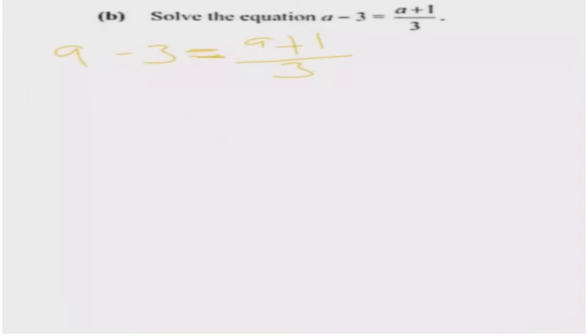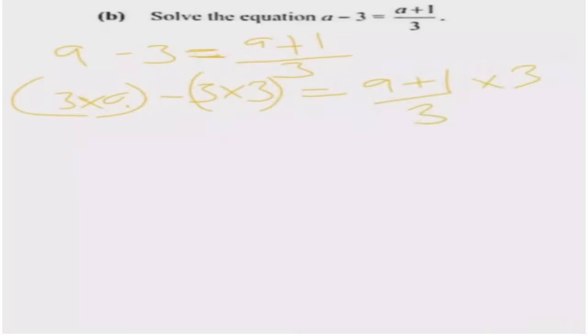So we have 3 by a minus 3 by 3, which is equal to a plus 1 over 3 times 3.